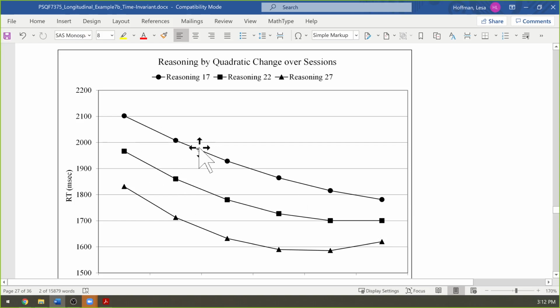So if we look at the differences of these slopes, that's how reasoning moderates the growth curve. The other way to think about it is how the vertical differences between these lines change over time. So people are closer together at the end than they are at the beginning. That's the other way to think about reasoning by time squared.